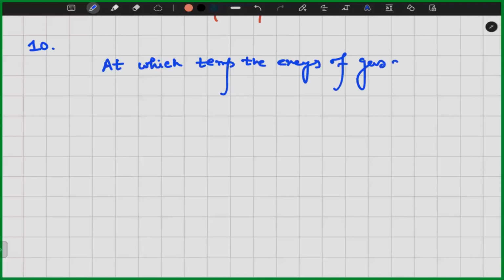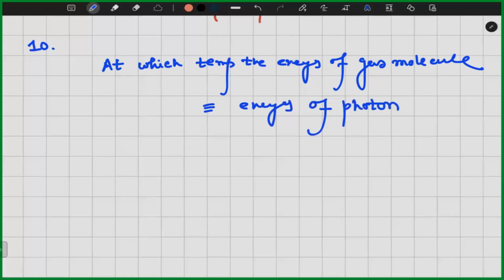This energy is actually the kinetic energy. Okay, so we can write this.